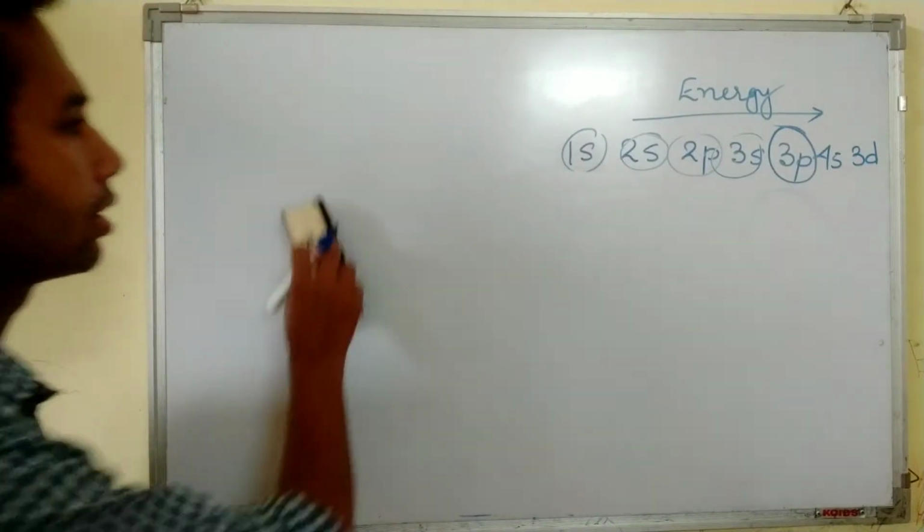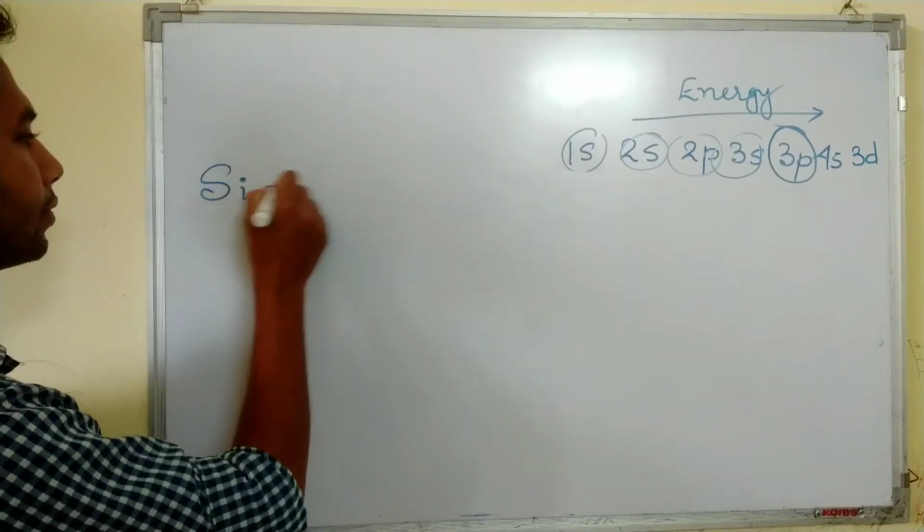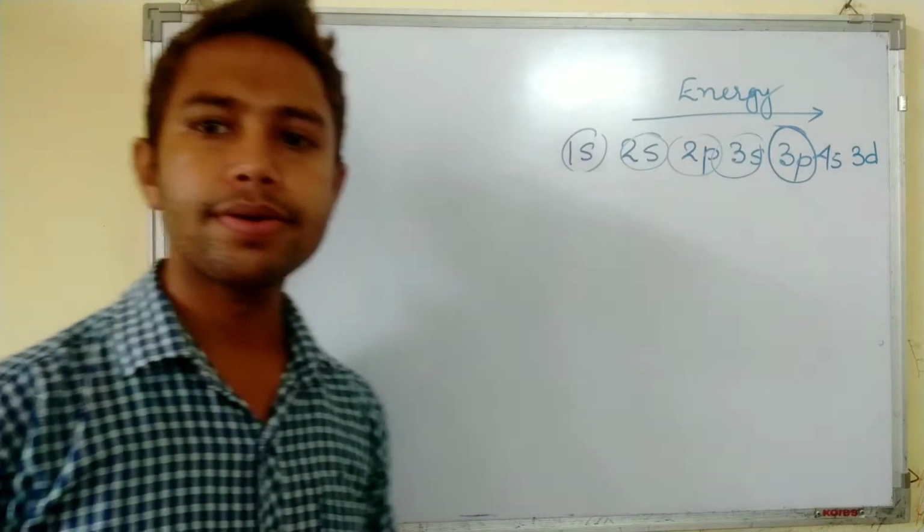Now silicon. Silicon has 14 electrons. So what may we write?